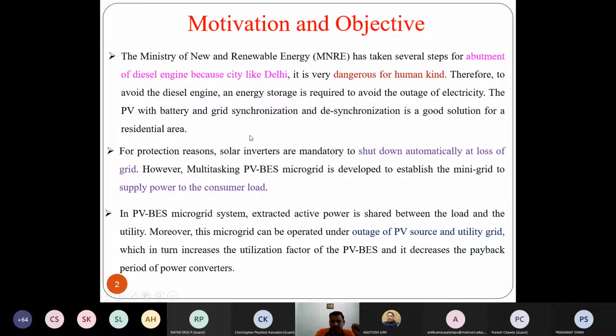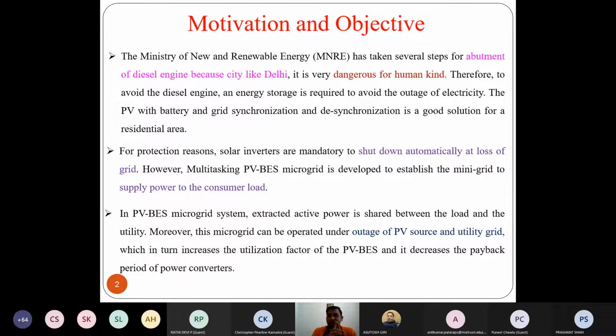Without grid, we cannot operate this solar inverter. We can operate in standalone mode separately and in grid connected mode separately. But switching from standalone to grid connected and grid connected to standalone is not available in the solar inverter.